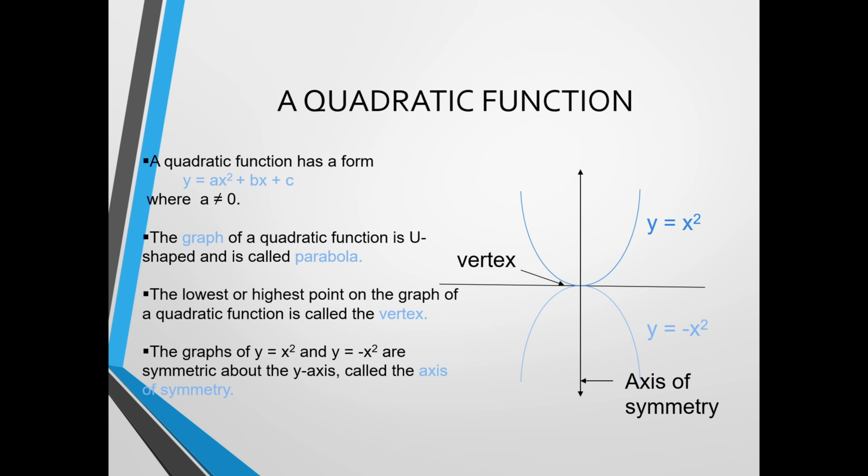So remember that we were talking about quadratic functions, right? And a quadratic function will definitely have an a, b, c in it. And also remember that when y is equal to x squared, or when a is positive, then the graph will just point up. When a is negative, the graph will go down, and this will be the turning point.